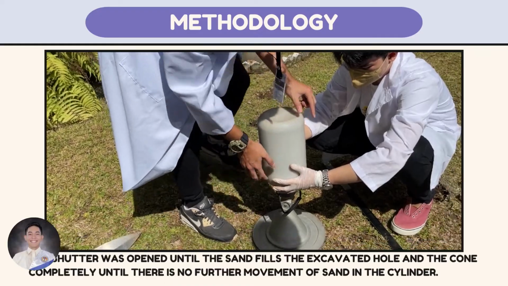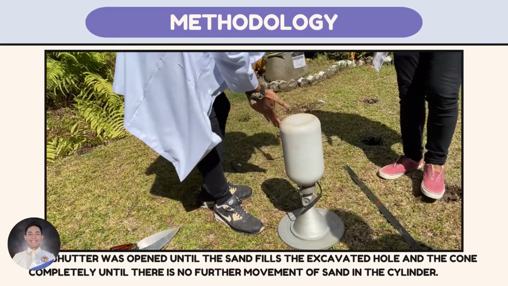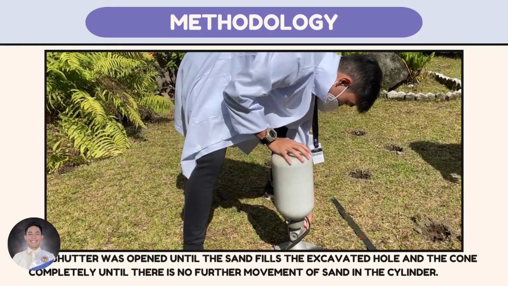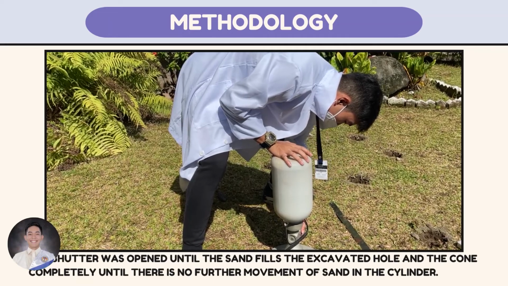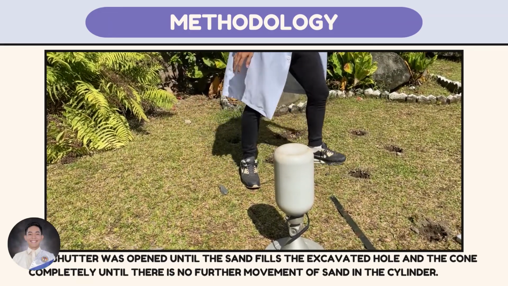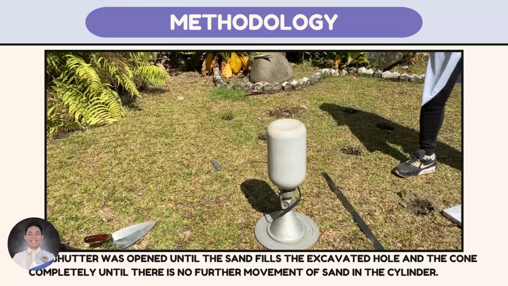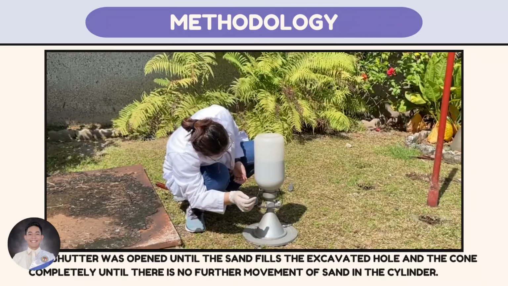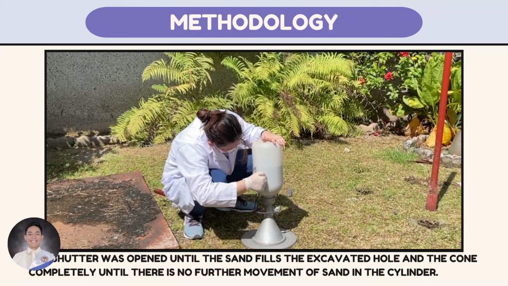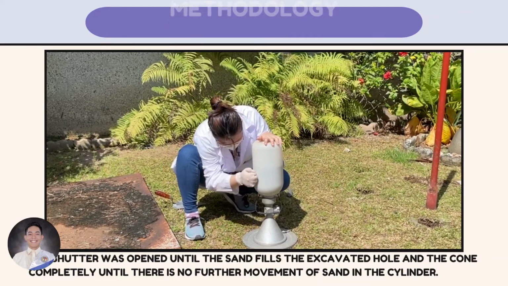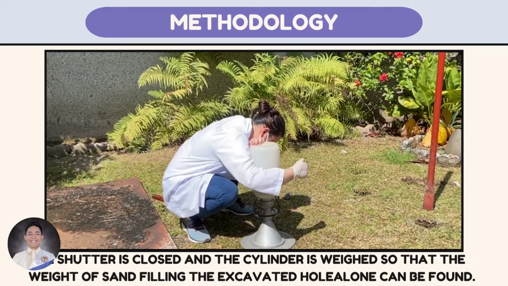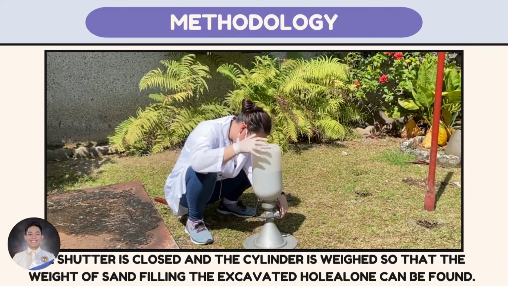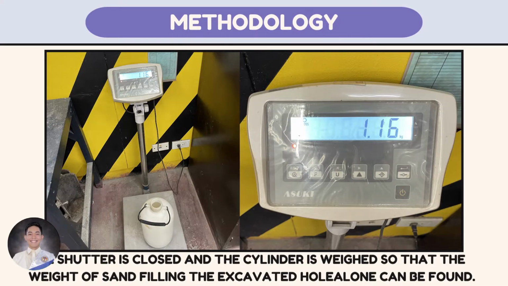Fifth, the metal tray with a central hole was removed and the sand pouring cylinder was placed centrally over the excavated hole. Sixth, the shutter was opened until the sand filled the excavated hole and the cone completely, until there was no further movement of sand in the cylinder. Seventh, the shutter was closed and the cylinder was weighed so that the weight of sand filling the excavated hole alone could be found.